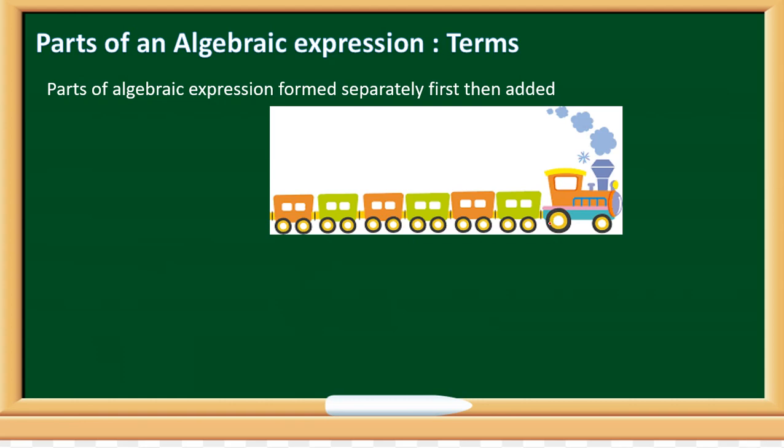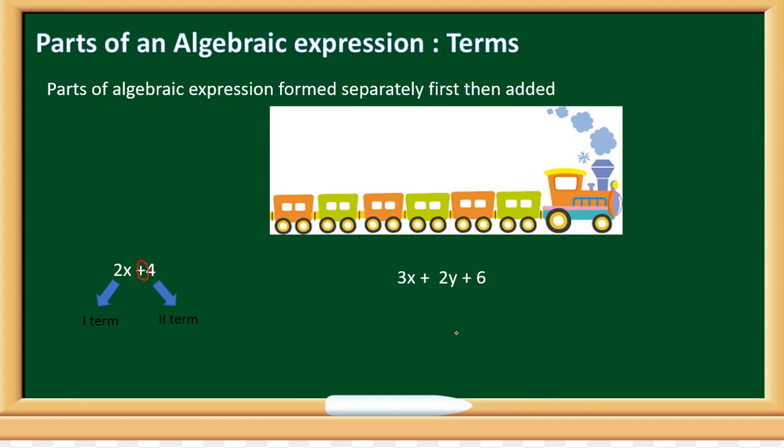In the same way, when we write 2x plus 4, this is an algebraic expression where this 2x is the first term, this 4 is the second term. Both the terms are added. This is the plus sign. That means both the terms are added to form an expression.